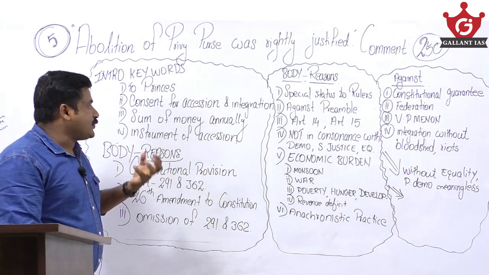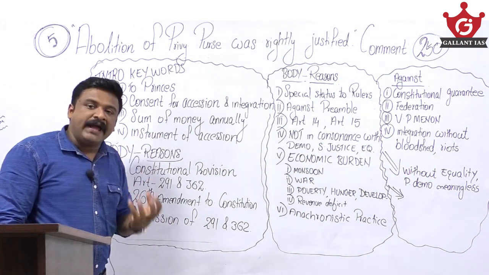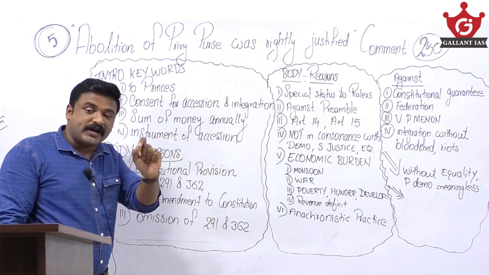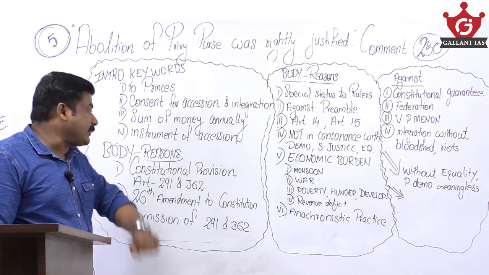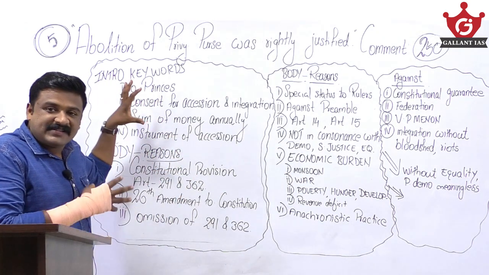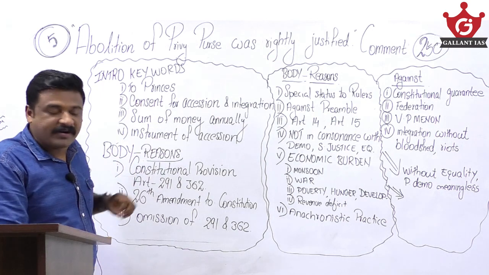This is a sum of money annually payable to the ruler of a princely state in order to sign the instrument of accession. So these are some keywords which you have to bring into your introduction.